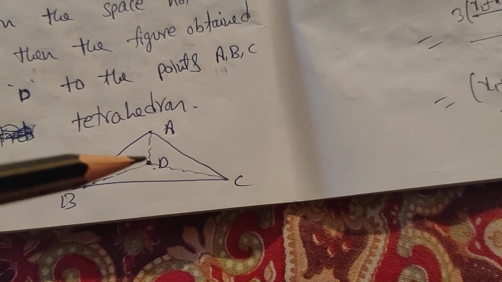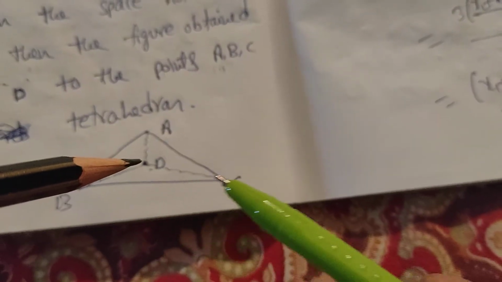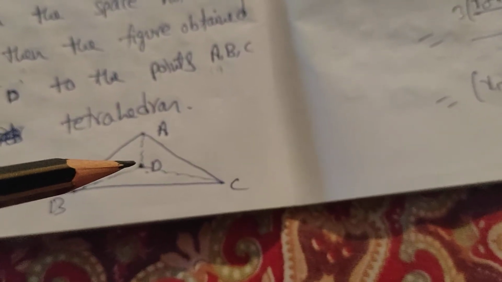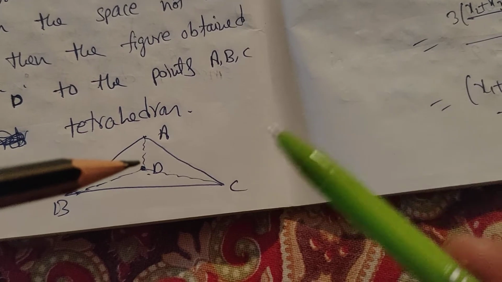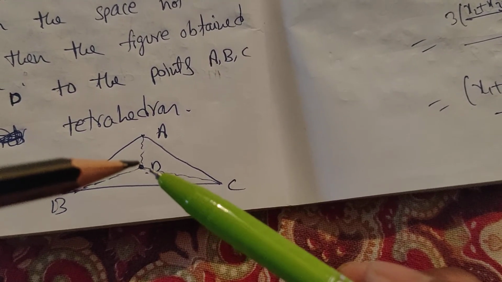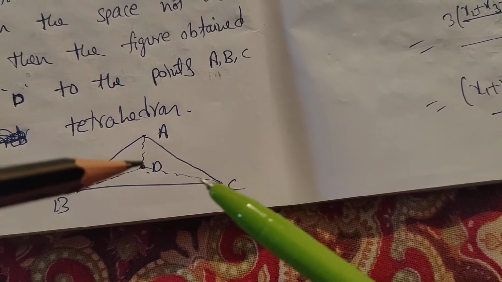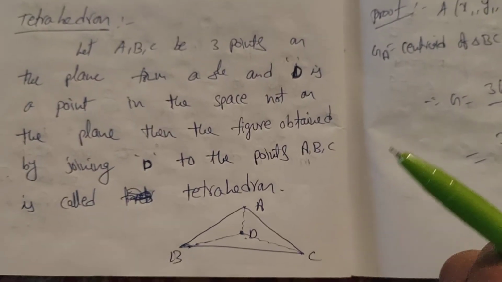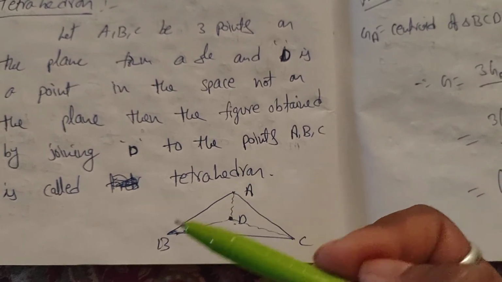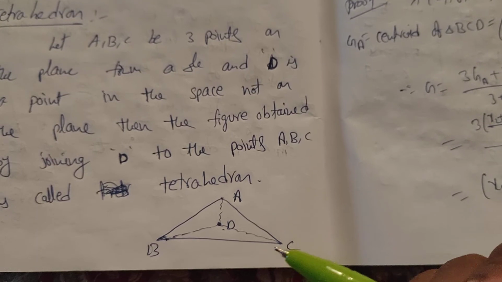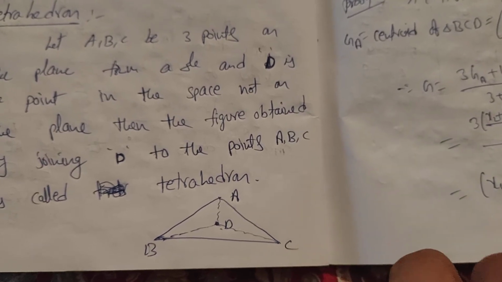So this is called the tetrahedron, and this is a space object, not a plane object. This is like a diamond, the shape will be in the form of a diamond. So now children, you can understand the tetrahedron. For this tetrahedron we have 4 triangles.